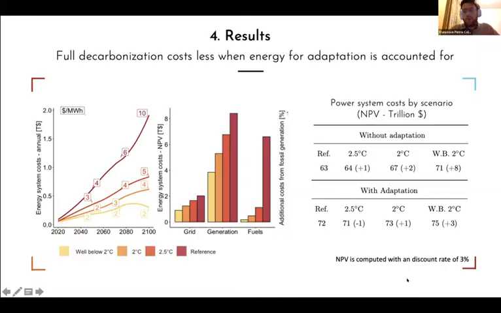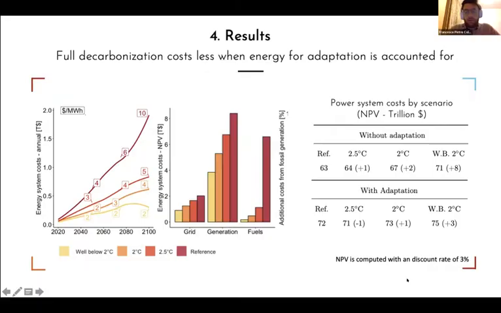below 2 degrees scenario. Now, when the adaptation feedback loop is included, the total costs change, and we find that the gap between the reference and the more ambitious decarbonization scenarios shrinks, even gets negative for the 2.5 degree scenario.